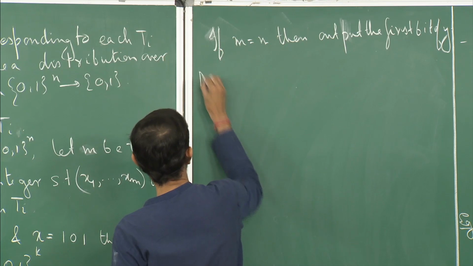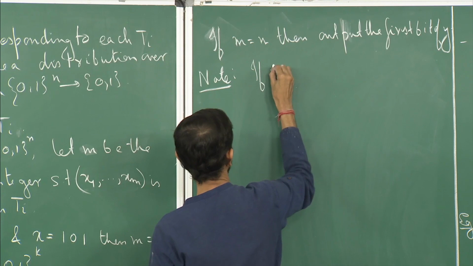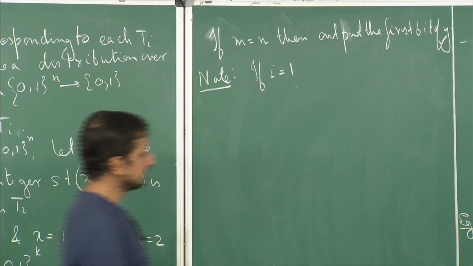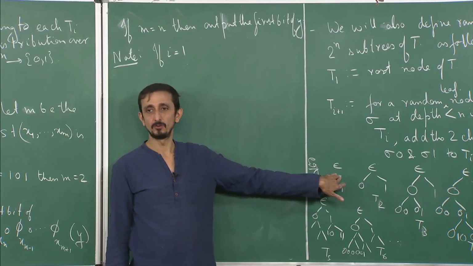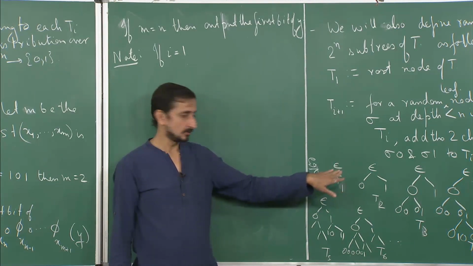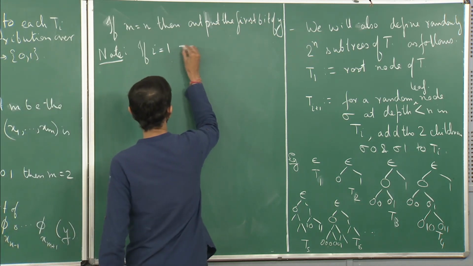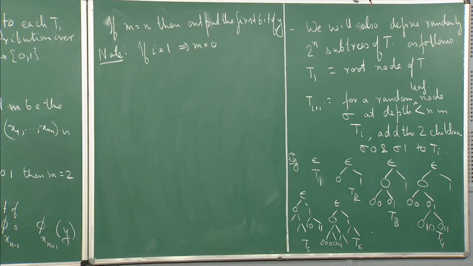Now let's try to understand what these functions are doing. What happens if i equals 1? That is, if my tree is just the empty node or the empty string. If i is equal to 1, then what is m? m is equal to 0. Exactly. Now what happens if m is equal to 0?